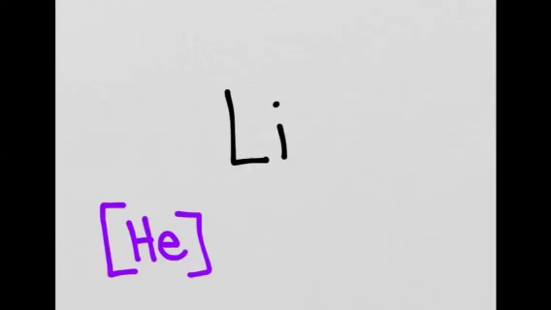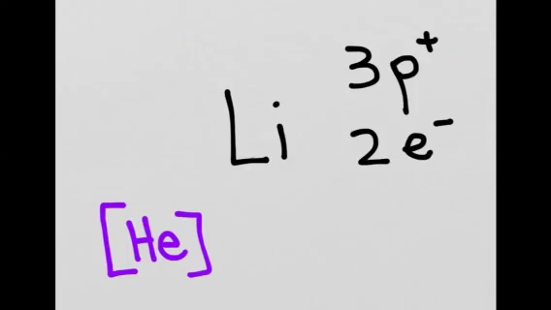Now, helium doesn't have 8, but helium is full, and so it's happy. Notice what happened, though. Now we lost an electron. So lithium, which is element number 3, atomic number 3, now has 3 protons and only 2 electrons. So lithium in this state has acquired a charge. It has a net charge of plus. And it turns out that most metals want to lose their electrons so that they can acquire a plus charge.